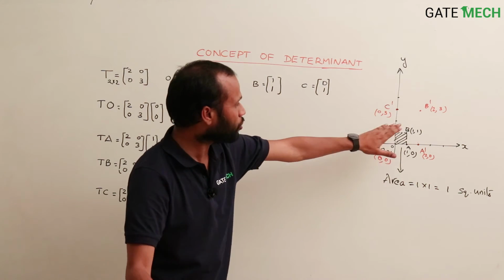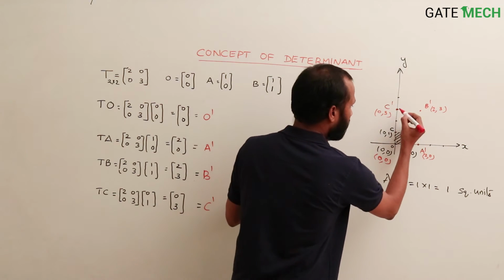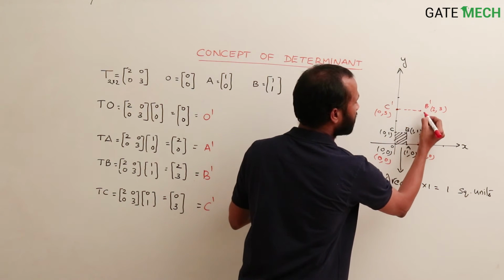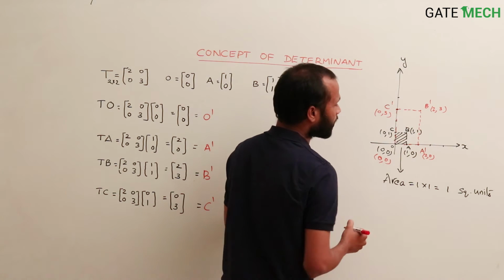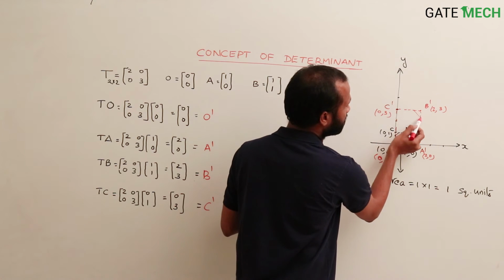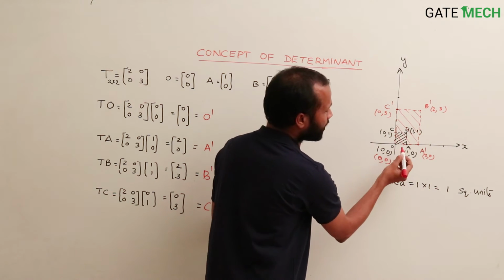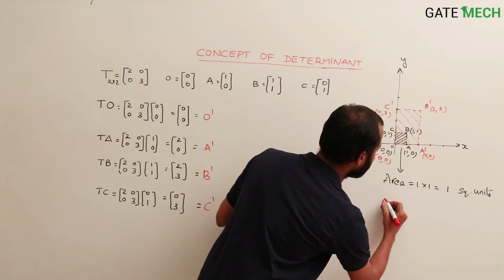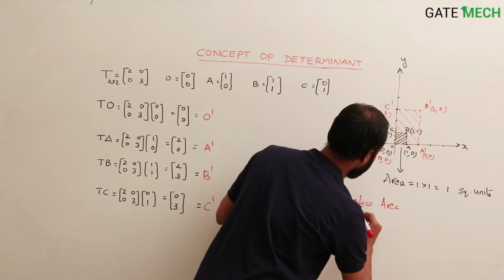Now using the new 4 points, the transformed points, what was the area? The transformed points formed this rectangle. What is the area of this? Width into height. What is the width? So the new area, I will call it new area post transformation.